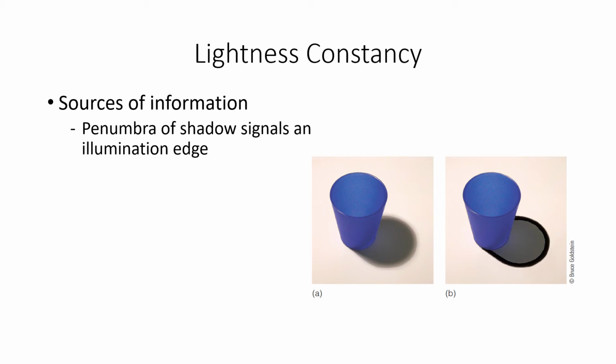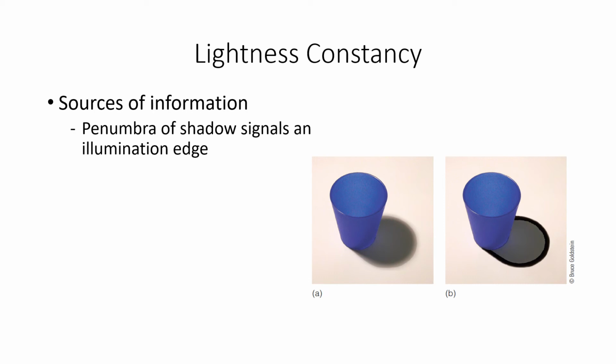And if you darken that penumbra, things appear slightly different. In this, he actually does that for us. He suggests we do the demo, but he does it for us in a picture. If we completely black out that penumbra, that little light area between the darker shadow and the light where there's no shadow, it looks a little bit more like the cup is just sitting on this dark circle with a black edge around it.